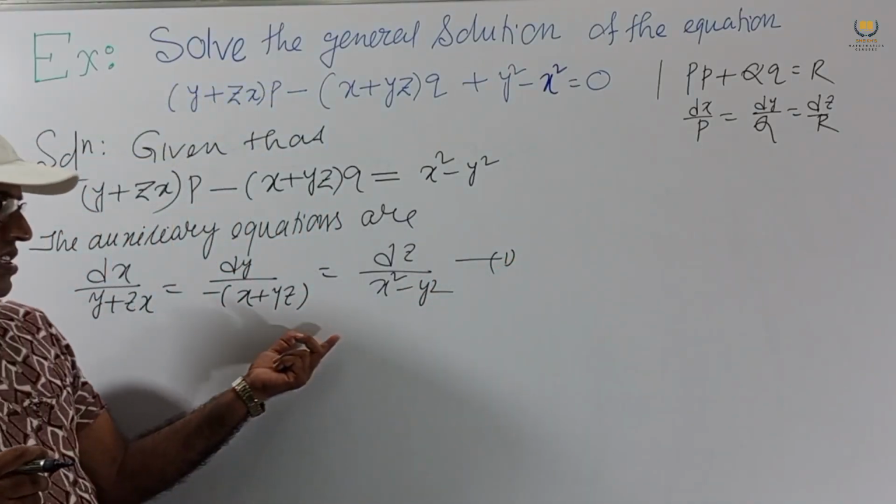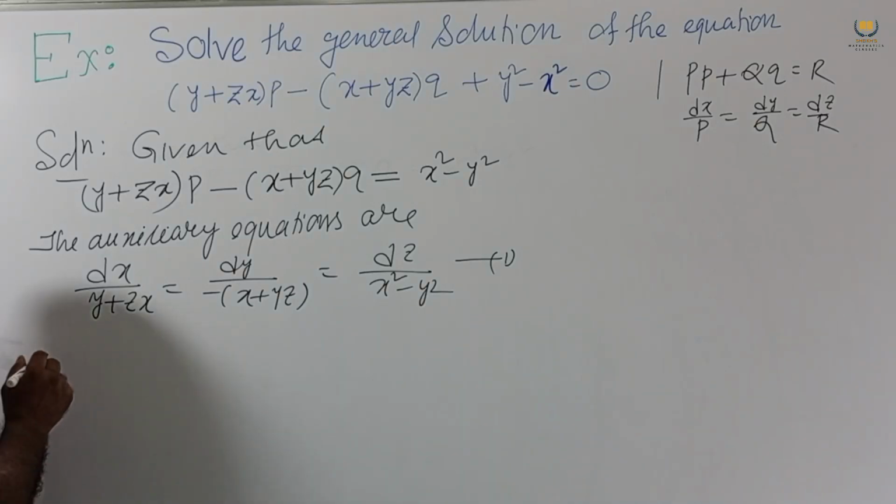Now we choose the multipliers in such a way that the denominator must be 0.